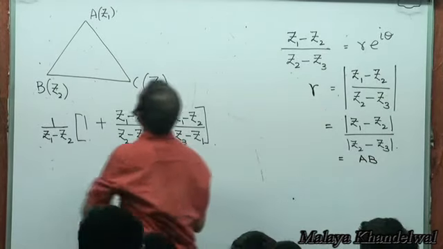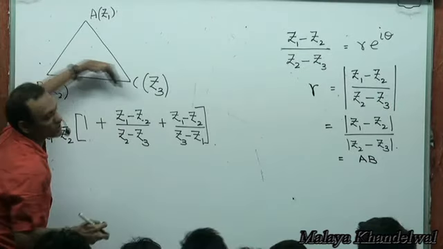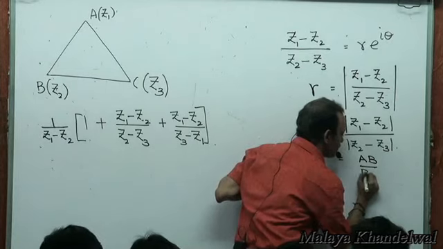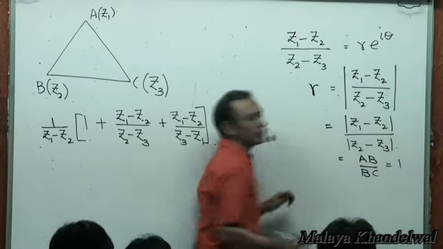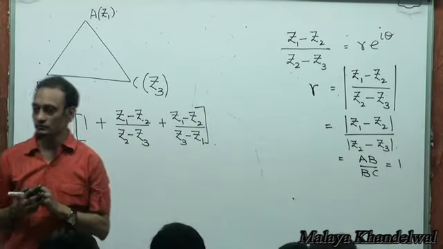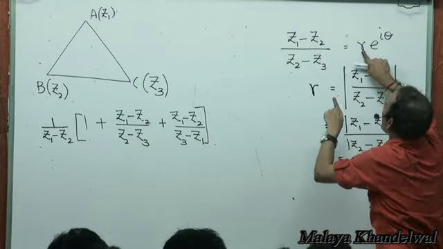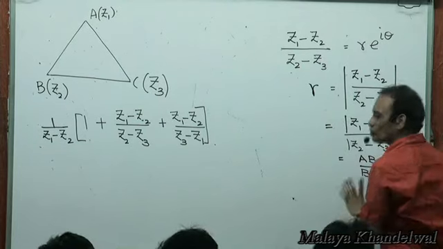Mod of z2 minus z3 is the distance between z2 and z3, which is the side BC. Yes or no? Because AB equal to BC equal to AC in an equilateral triangle. So the modulus of this complex number is 1. R turns out to be 1.